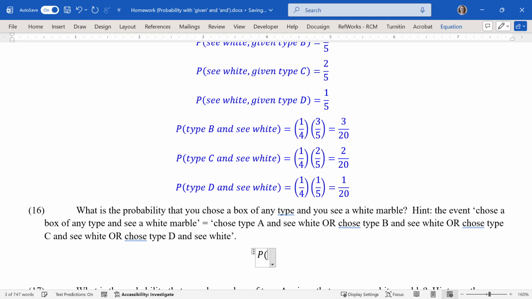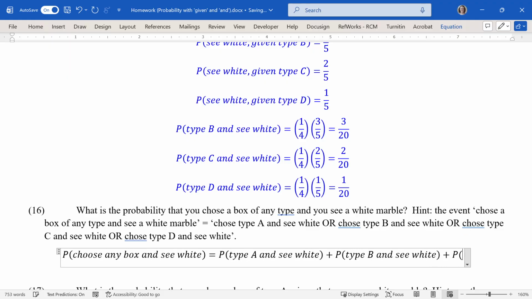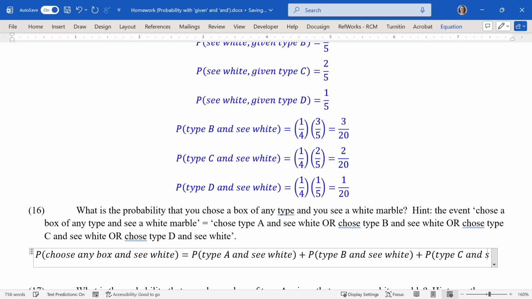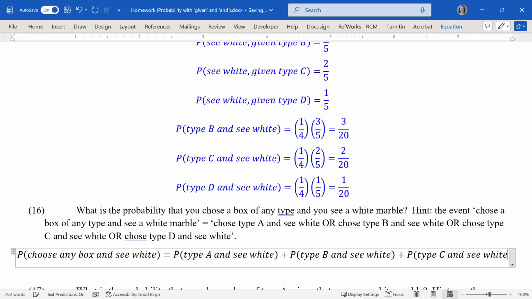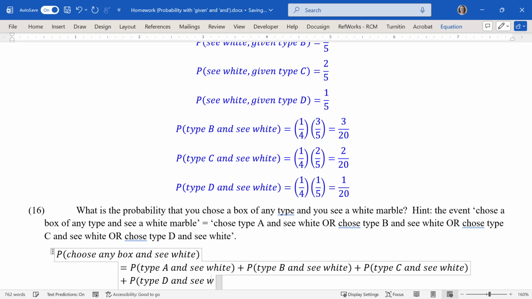Okay, so probability of choose any box and see a white marble is the same as probability of type A and see white plus probability of type B and see white plus probability of type C and see white plus probability of type D and see white.